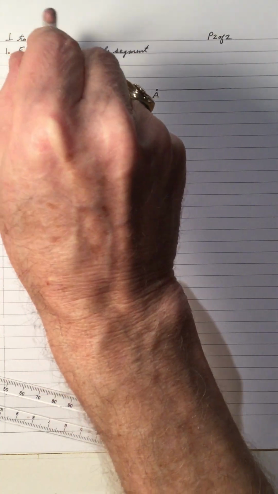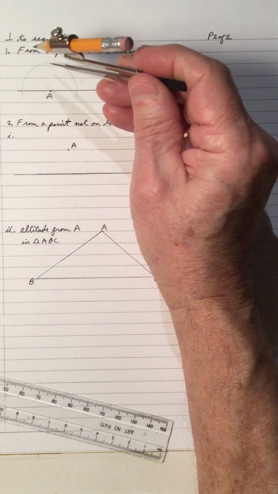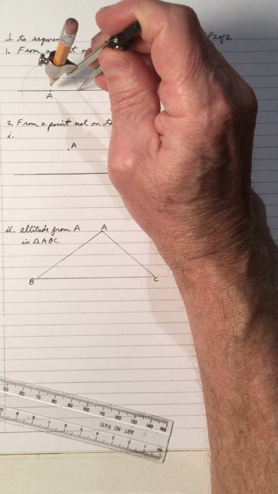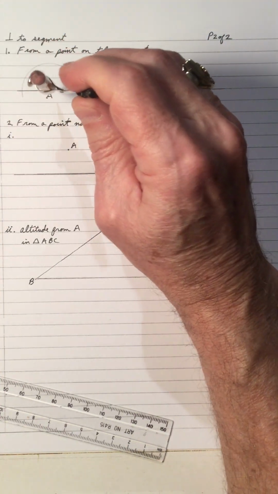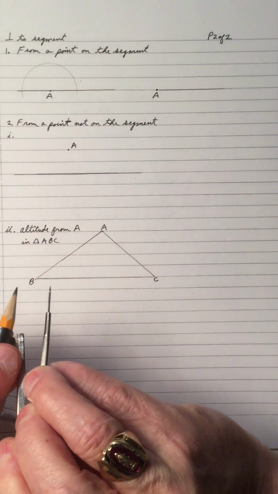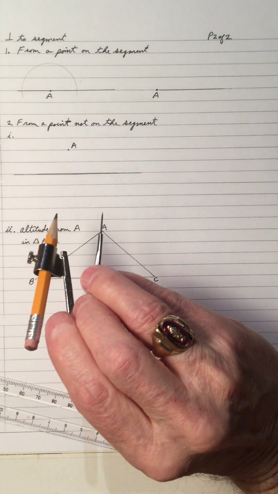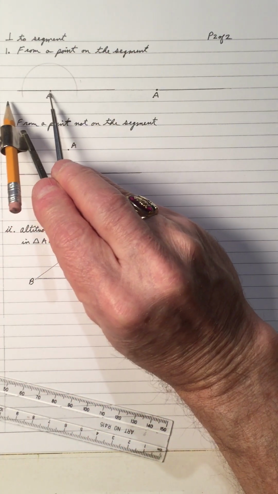So that's cutting the segment at these two points, and these are the points on the circle. So if I change the distance, the radius, and open it up wider, I have to go more than half from here to here.